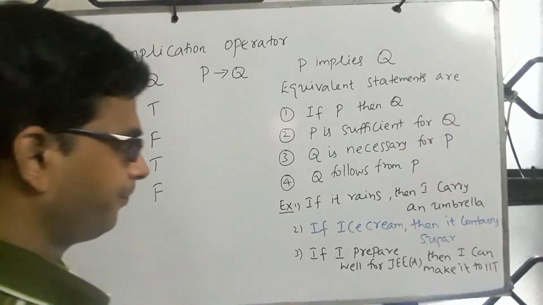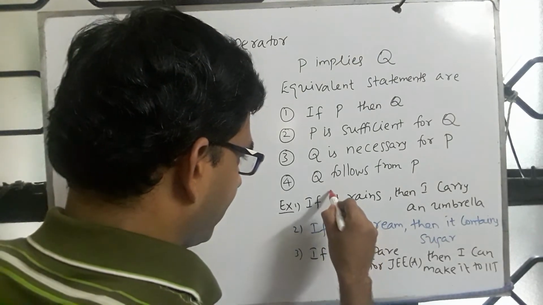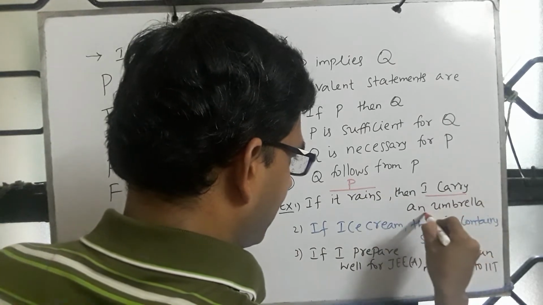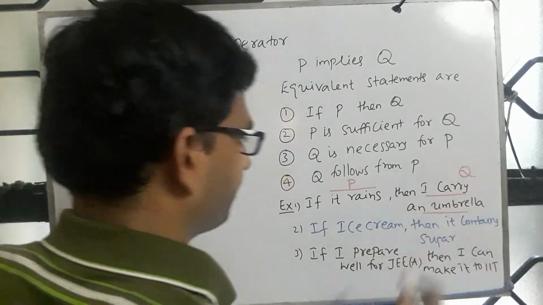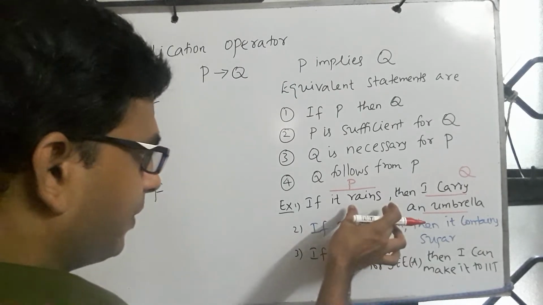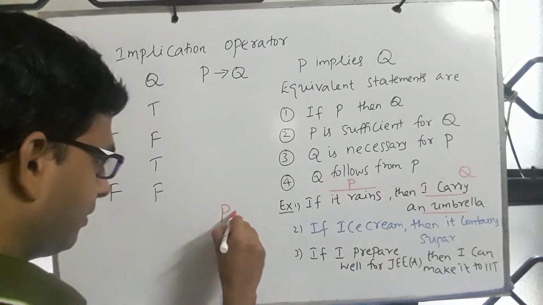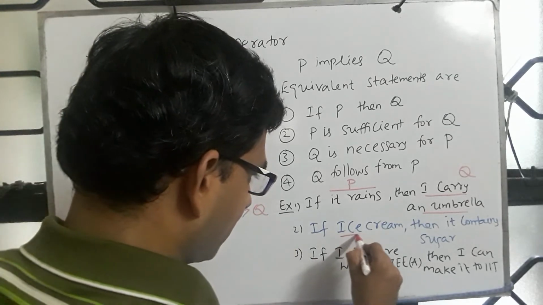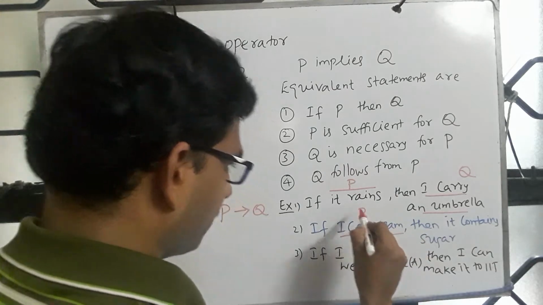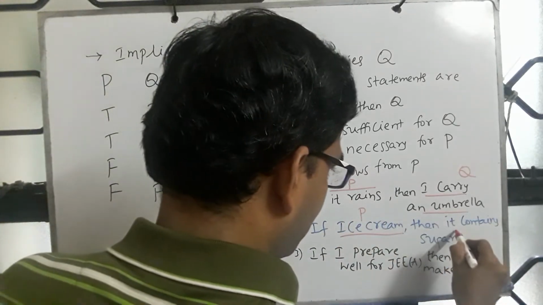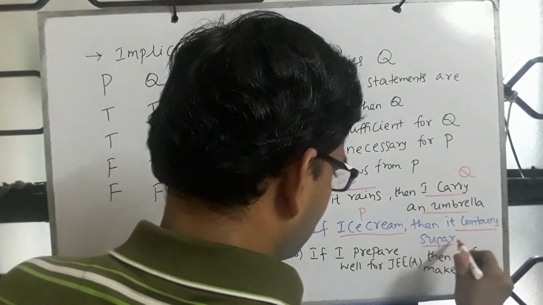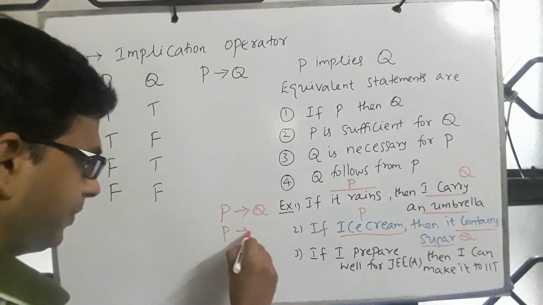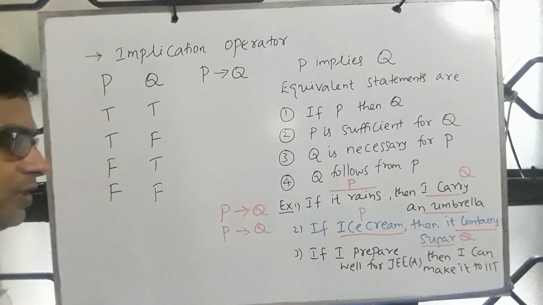Now if you see, in this case, it rains is P, I carry an umbrella is Q. How do you formally write this? You write P implies Q. If ice cream is your proposition P, then it contains sugar is your proposition Q, one can write using P implies Q, and so on.